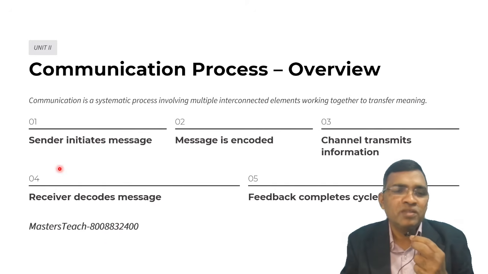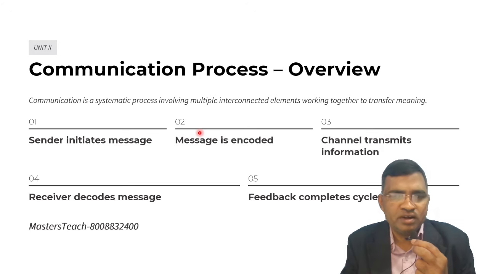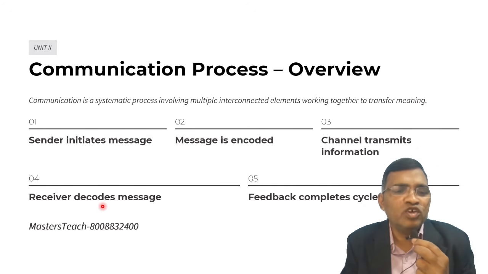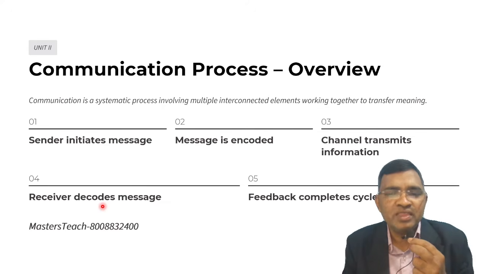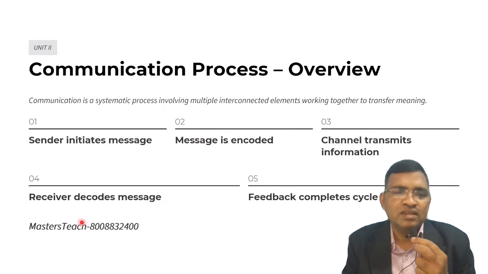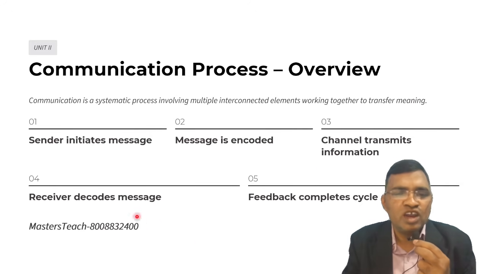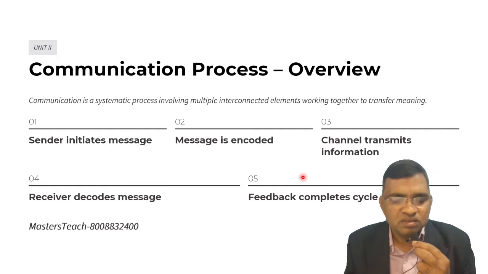It is very simple. The sender sends the message and the receiver receives the message. The message is encoded, transmitted through the proper channel, then decoded, meaning interpreted, and then feedback is given. Sender, message, channel, receiver and feedback. This cycle goes on happening.